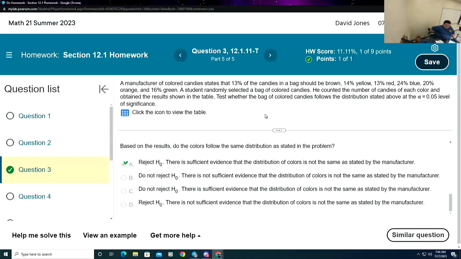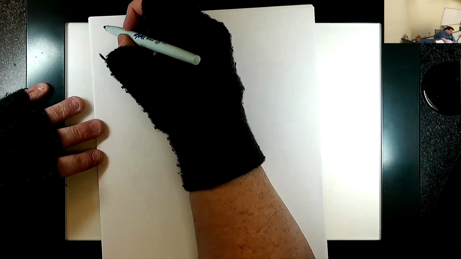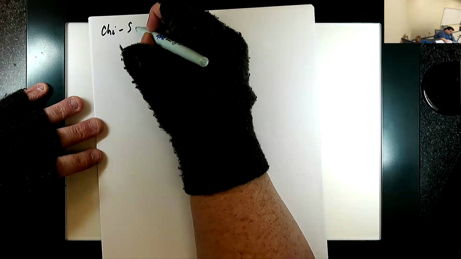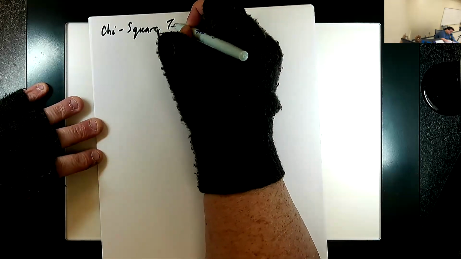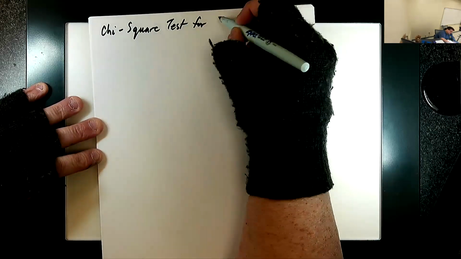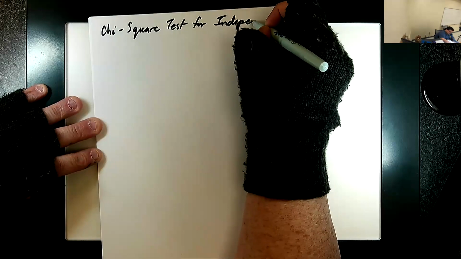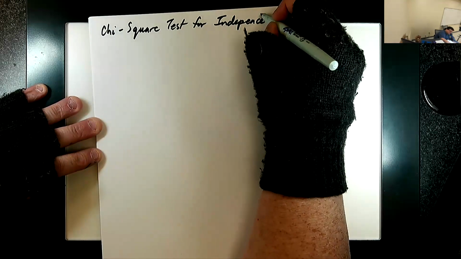Let's take a look at the chi-square test for independence. I like the chi-square test for independence. This is 12.2.